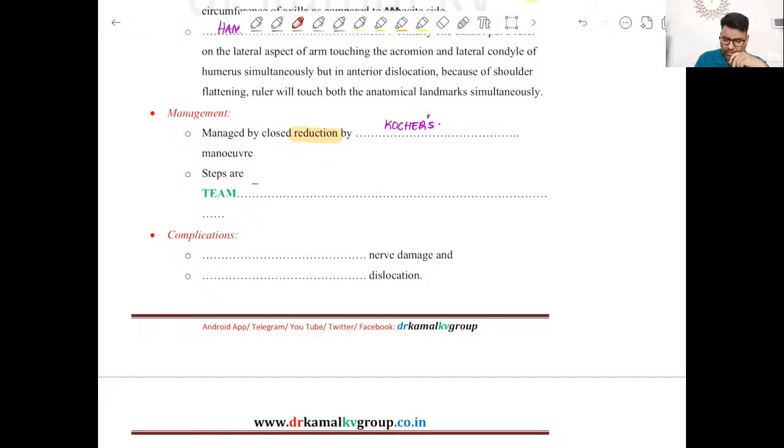So T is for traction, then E is for external rotation, then A is for adduction, and M is for medial rotation. Clear? So just remember these steps, and this is actually the Cocker's maneuver. So traction, external rotation, adduction, and medial rotation. Yes, Shanavas bhai, this is Cocker's maneuver.